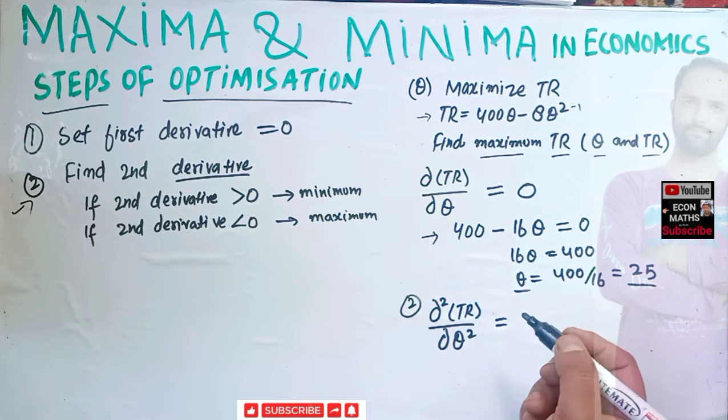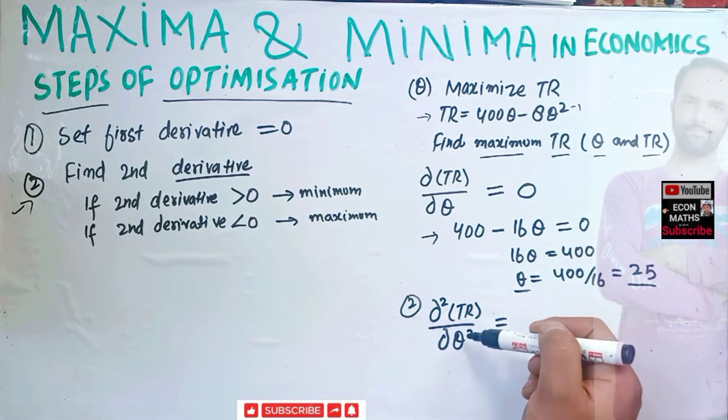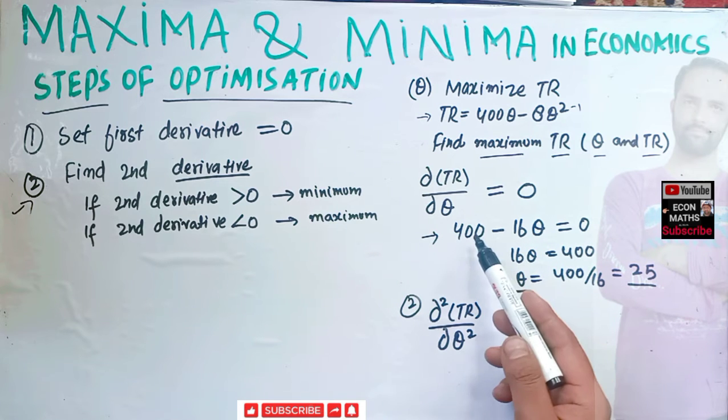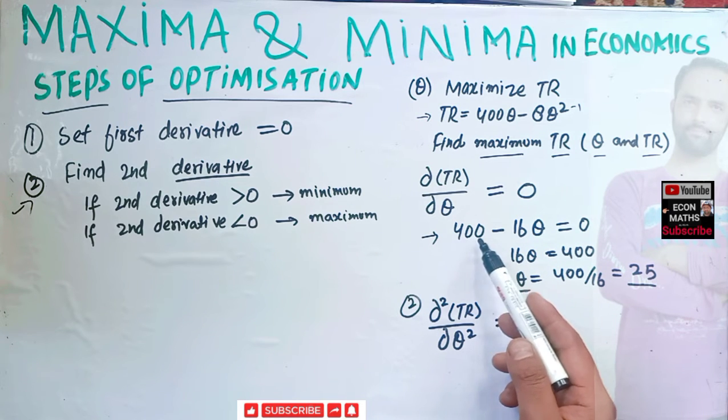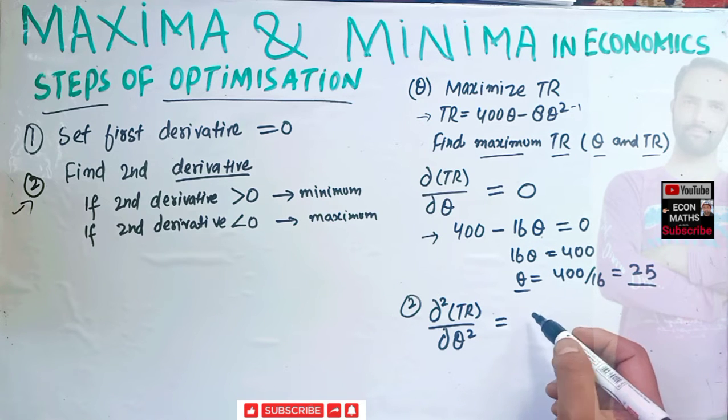This is the first derivative, and second derivative will be the derivative of this first derivative. So derivative of 400, which is constant, is 0. Derivative of Q is 1, so we are left with minus 16.